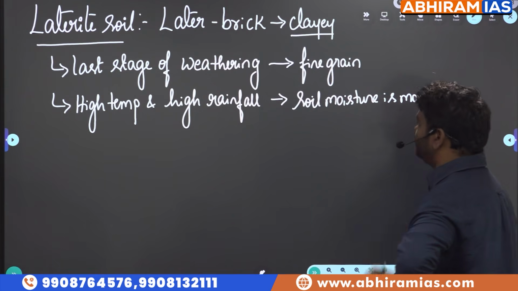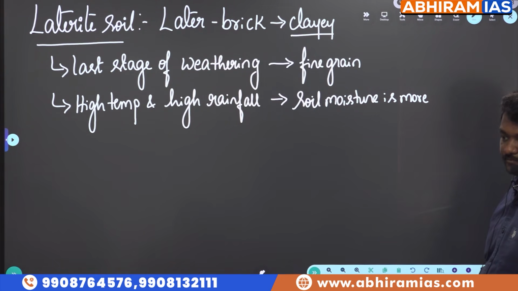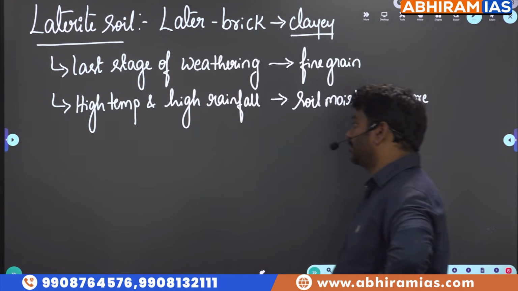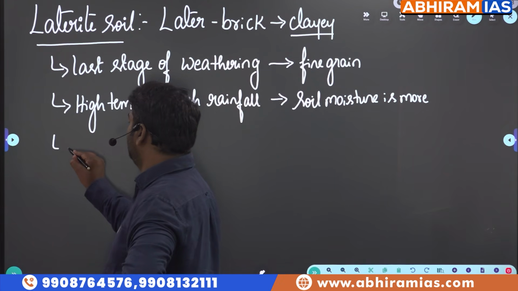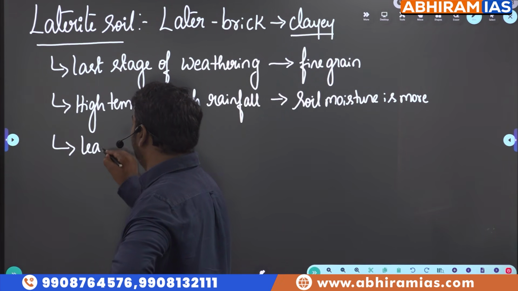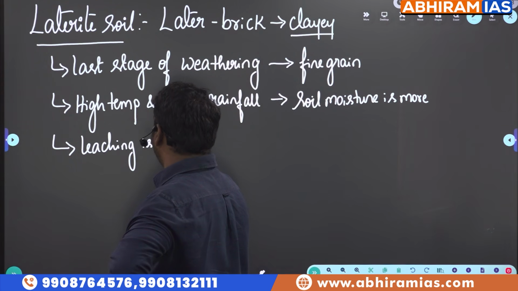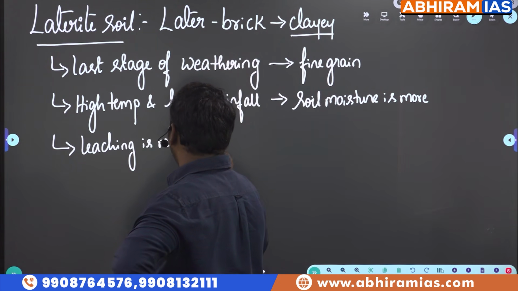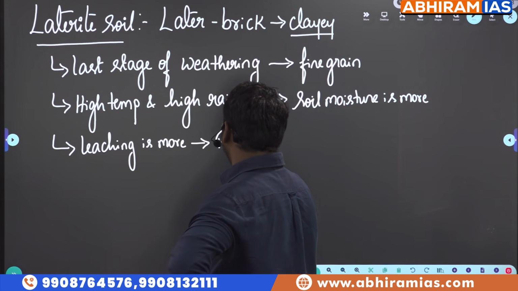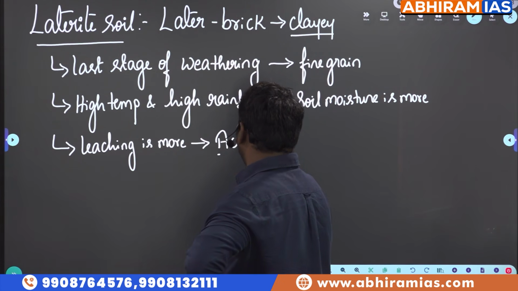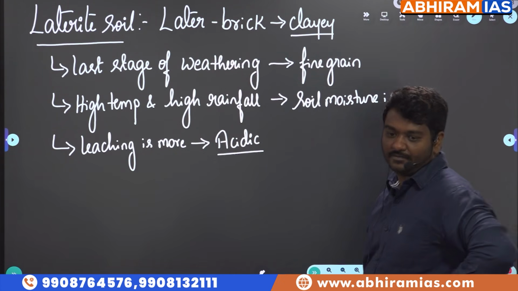They'll give soil moisture is less. Leaching is more. As leaching is more, it becomes acidic.